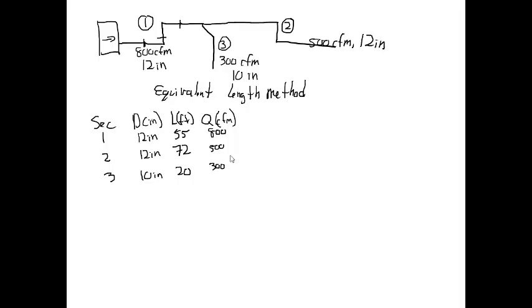Now I'm going to make another column to illustrate all of the different fittings we have. So I have an entrance, which is only associated with Section 1. Then I have elbows. Looks like each section has an elbow.